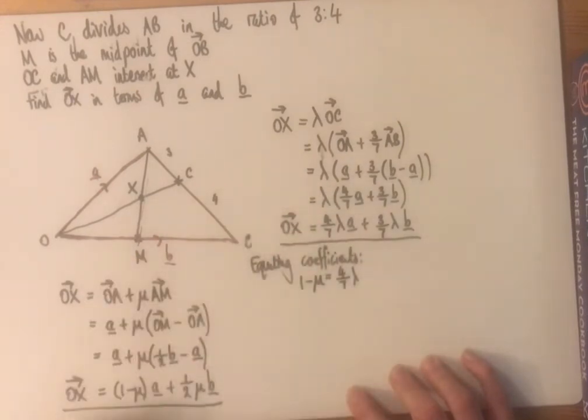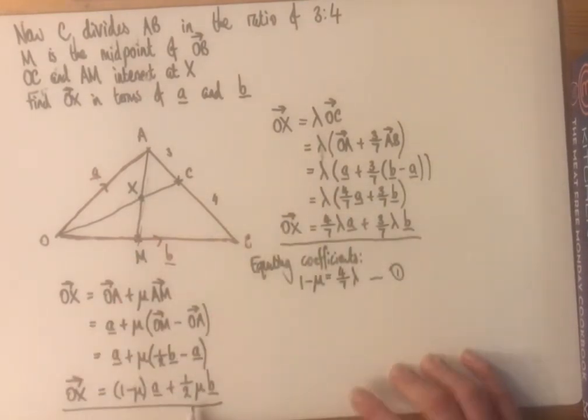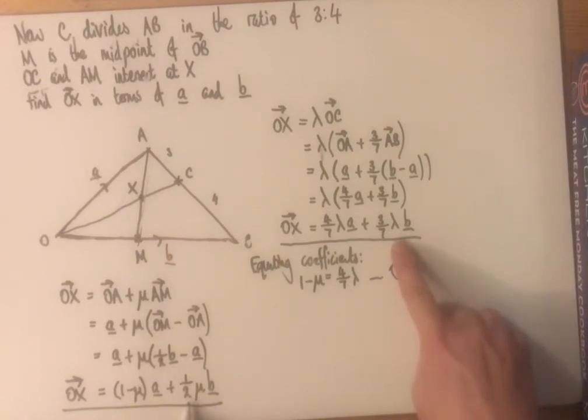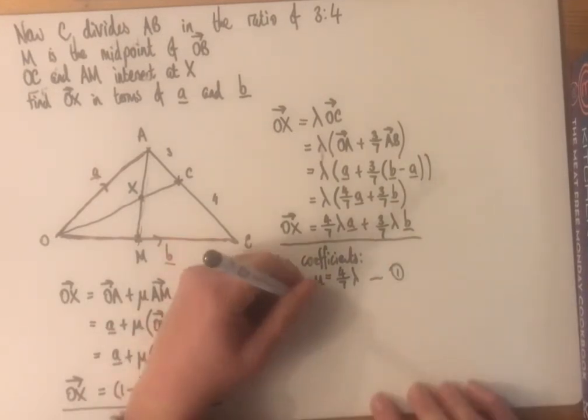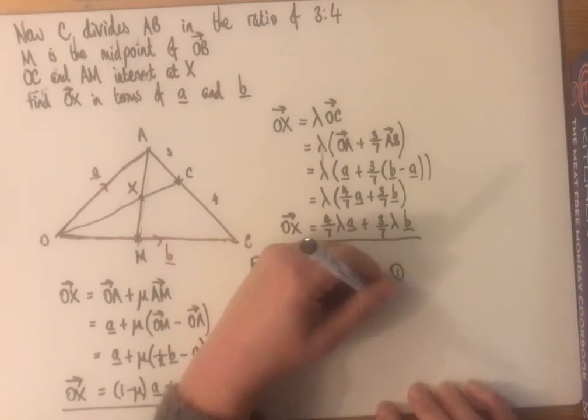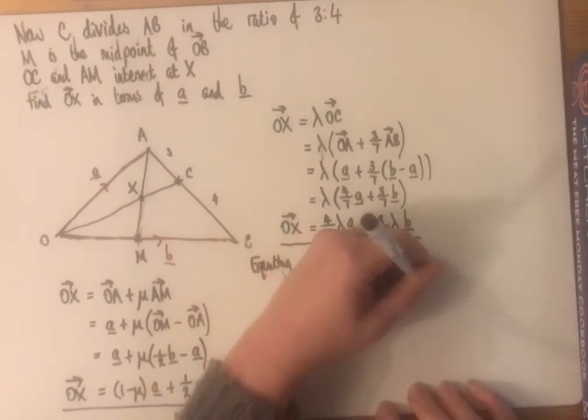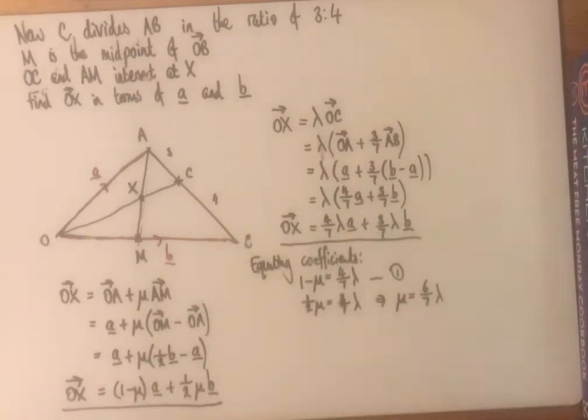So that's one equation. And then matching up these ones, a half mu is equal to 3/7 lambda. And so if I times that one through by 2, then mu is equal to 6/7 times lambda.